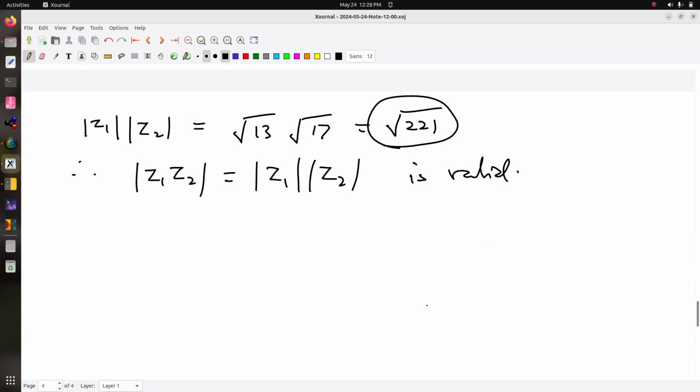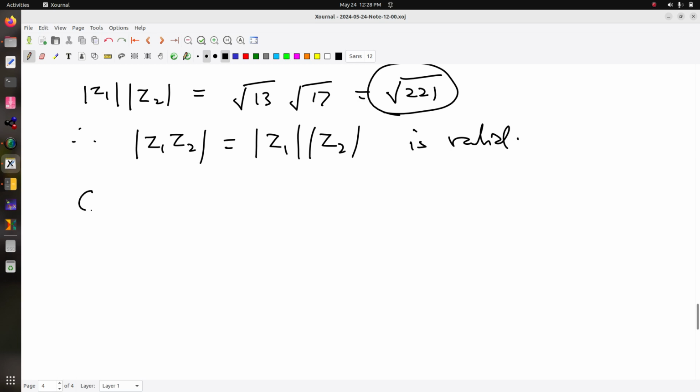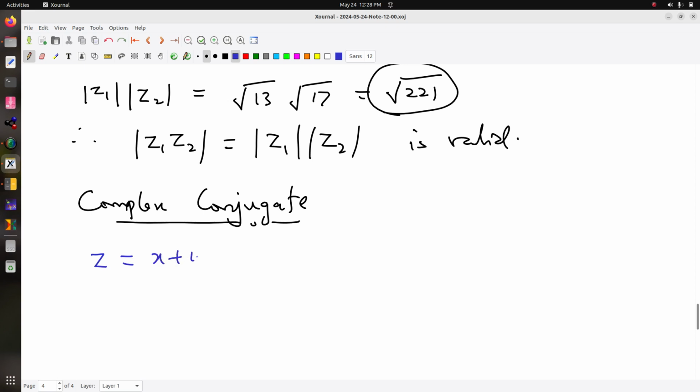So next is complex conjugates. All right. So what is a complex conjugate? If we denote our complex number z as x plus iy, the real part is x, the imaginary part is y.